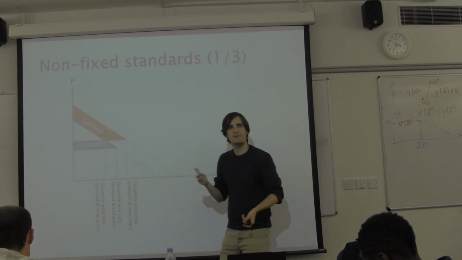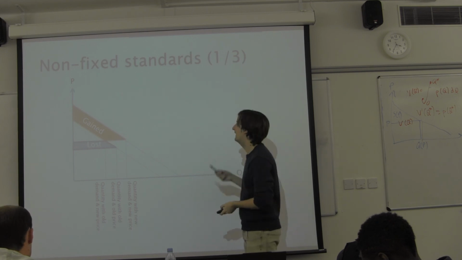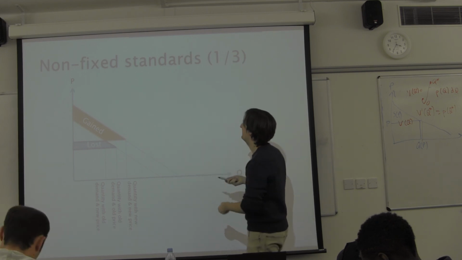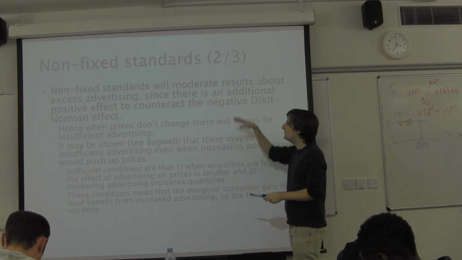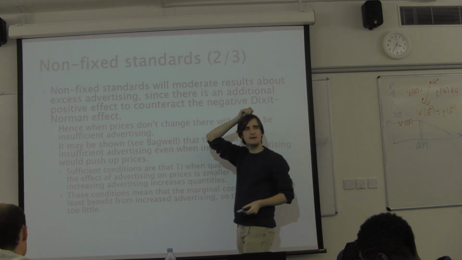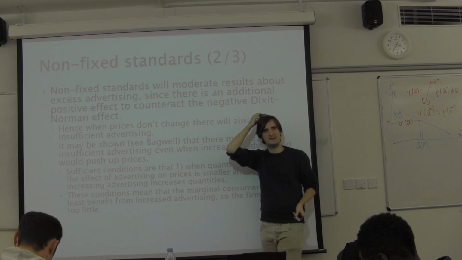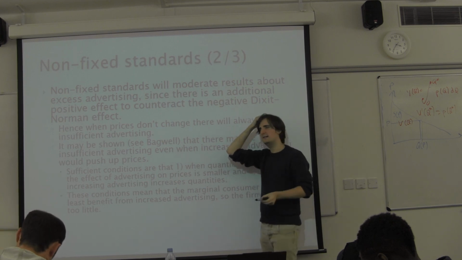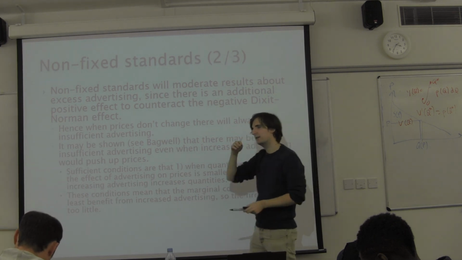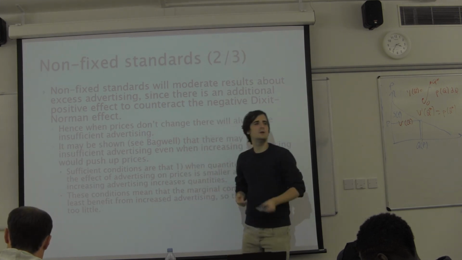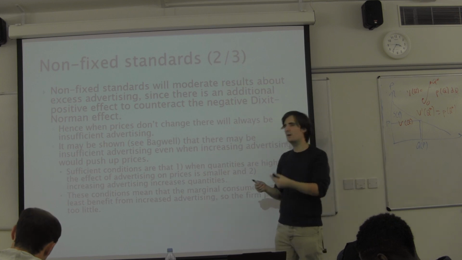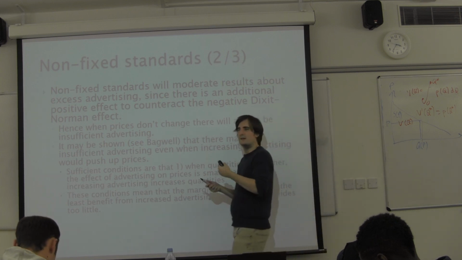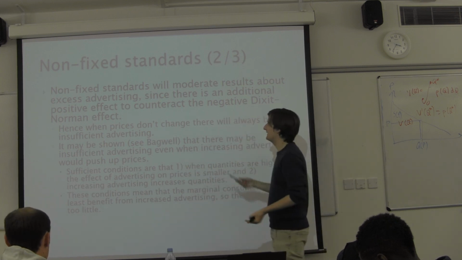It's ambiguous whether or not advertising is going to be good or bad. And using these non-fixed standards is going to moderate results about excess advertising. So in the Dixit-Norman world, yeah, you'd probably conclude there was too much advertising if you're using a fixed standard. But once you start using a non-fixed standard, it's a lot less clear, okay?